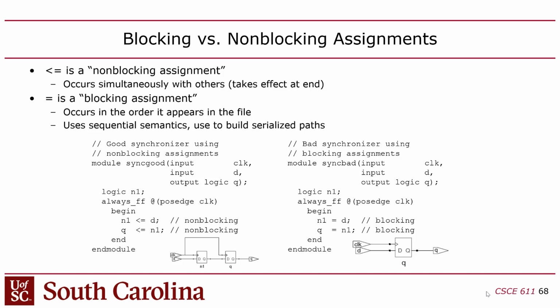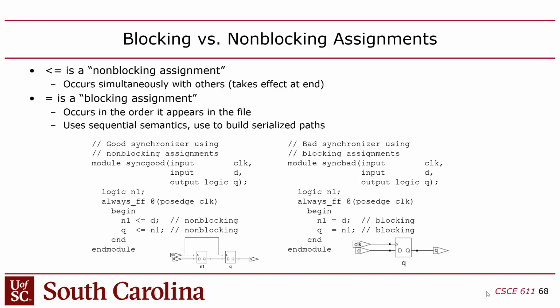In other words, if you have something like this where N1 gets D and then Q gets N1, you have this data dependency, right? Because you update N1 and then you use it as an input on a line below that.